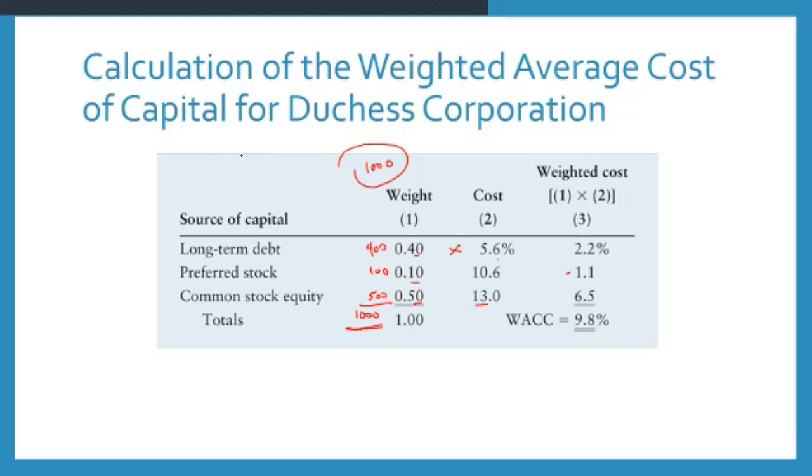That's new issuance. No, sorry, of retained earnings, it's 13%. So we're raising 50% of the capital through common stock, and it's costing 6.5.